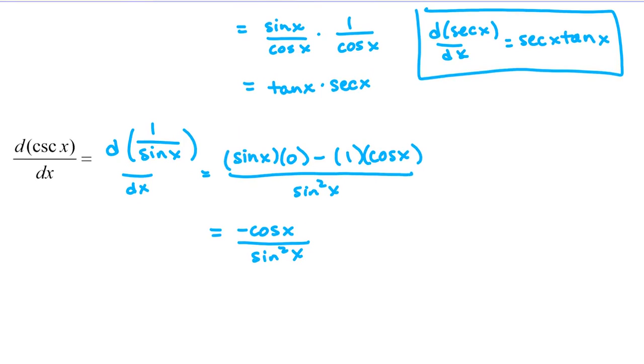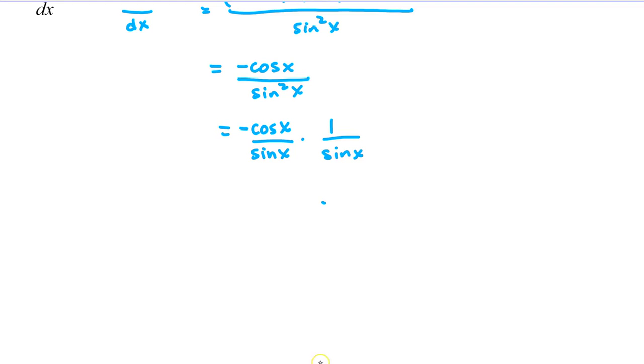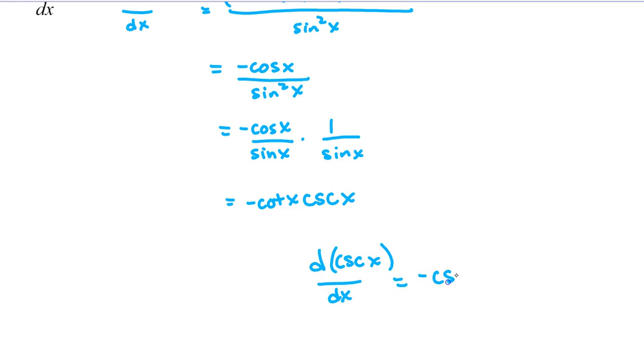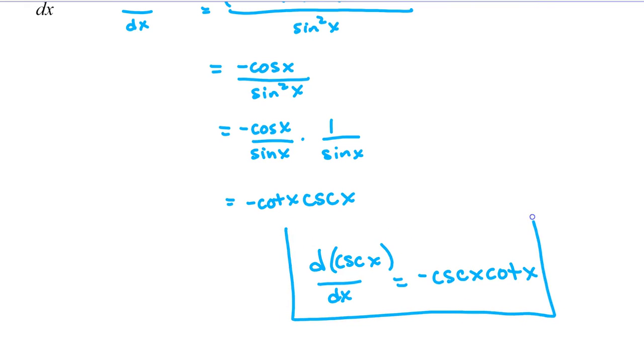Let's break that up into negative cosine x over sine x times 1 over sine x, so that we can use our identities to write that as negative cotangent x times cosecant x. So the derivative of cosecant x with respect to x, here's how we write it, is negative cosecant x cotangent x. Okay, so now we have proofs of all of them, and here they are all together.